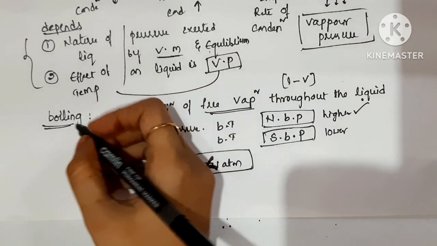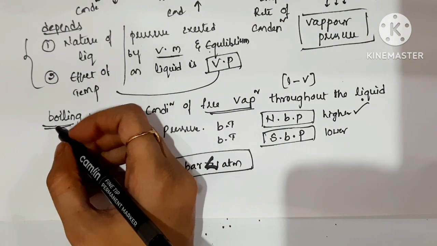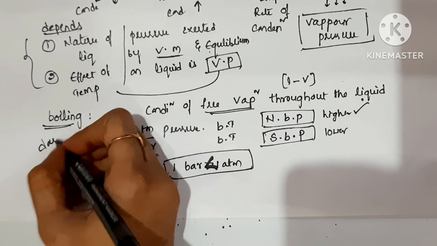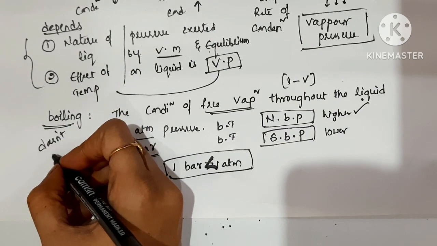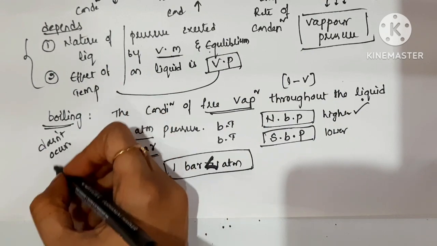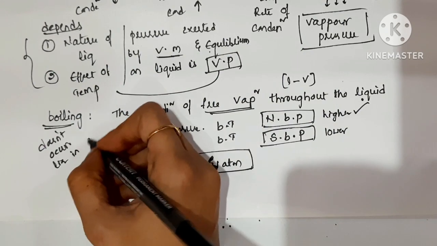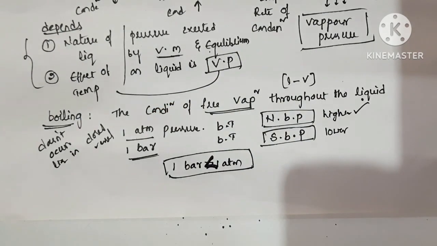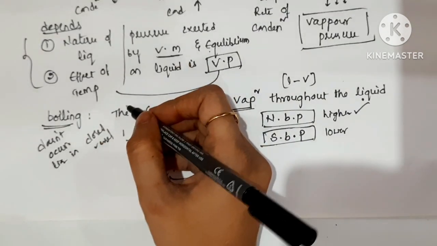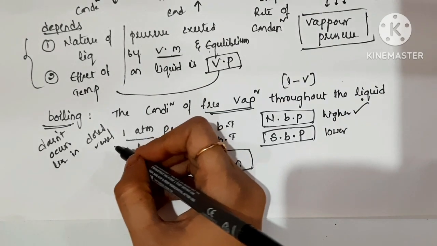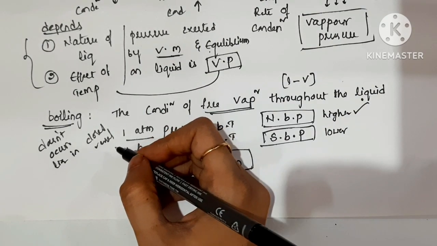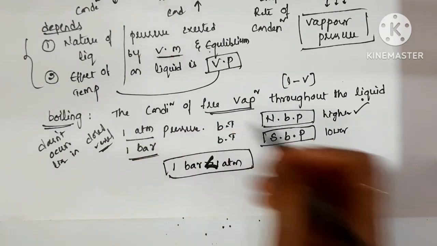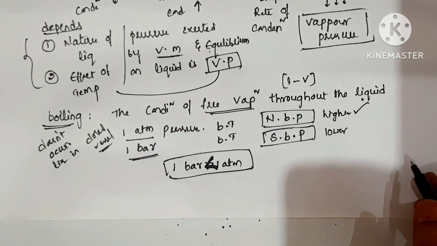And this boiling does not occur when a liquid is heated in a closed vessel. Liquid in a closed vessel. So boiling occurs only when the vessel is open, but does not occur in a liquid in a closed vessel. Right?